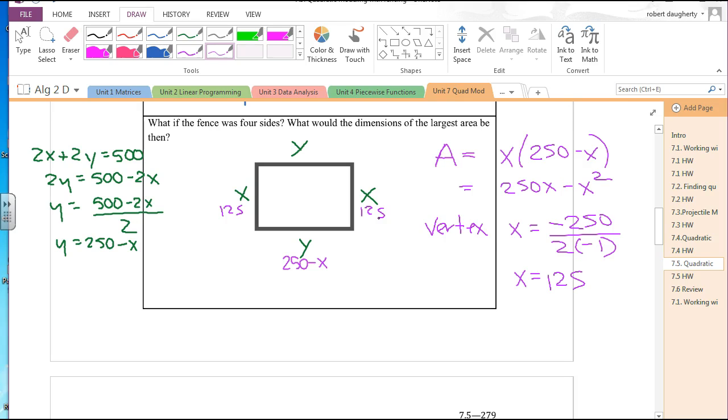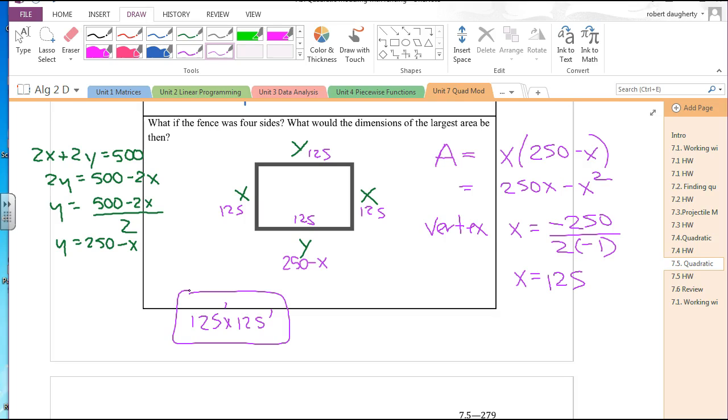What's 250 minus 125? 125 and 125. So the maximum rectangle is really a what? A square, okay? So in this case, a 125 by 125 would be the dimensions if my fencing was on all four sides, okay? And again, that uses up 500 feet of the fencing that I had.